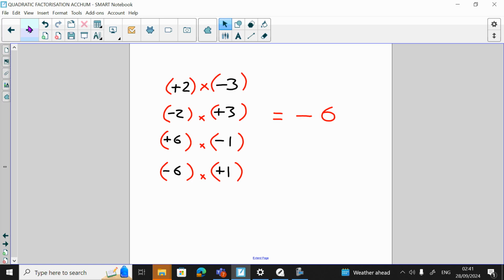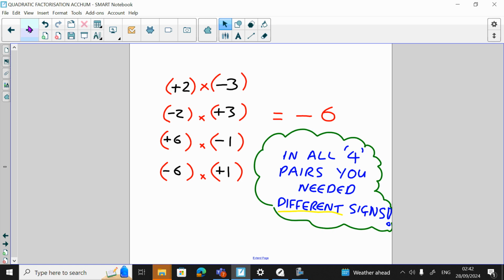Yes, I could have negative 12, positive a half, but we're staying with nice numbers here. Later on you'll have to deal with numbers that aren't so nice. Well, maybe in your frame of mind, not mine. So they all work. These are the kind of things that we are looking for in this topic. And as we've said here, to get a negative, we needed different signs for the pairings.